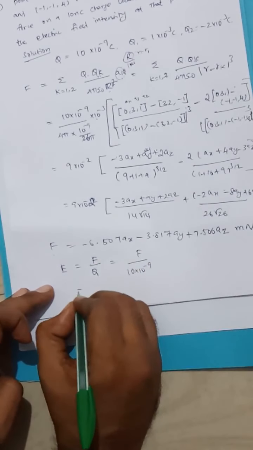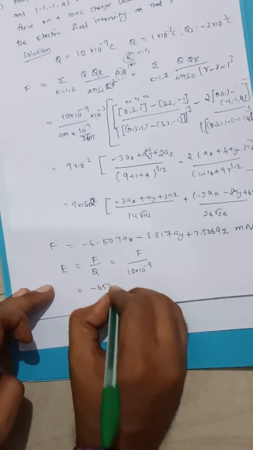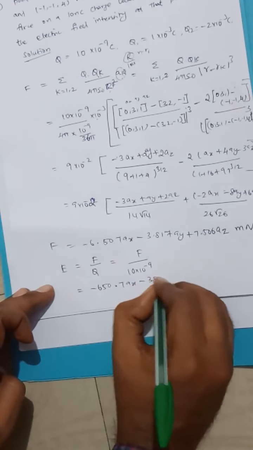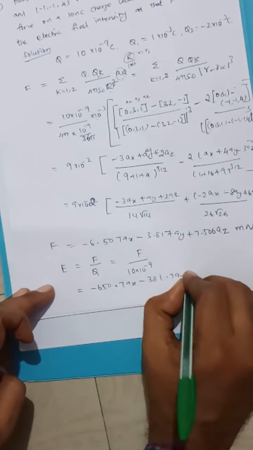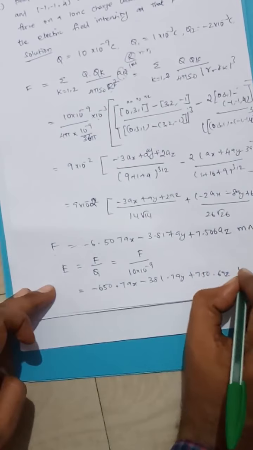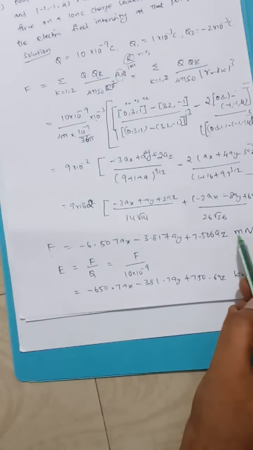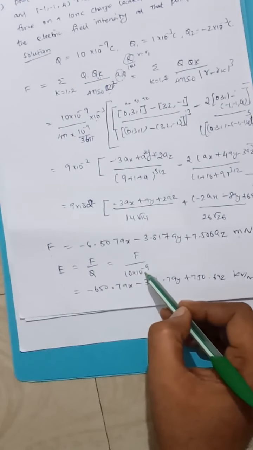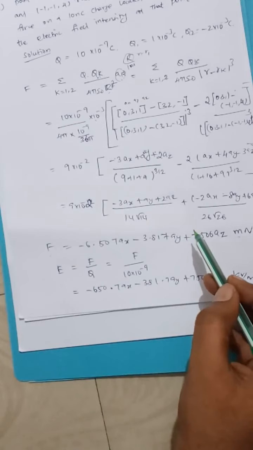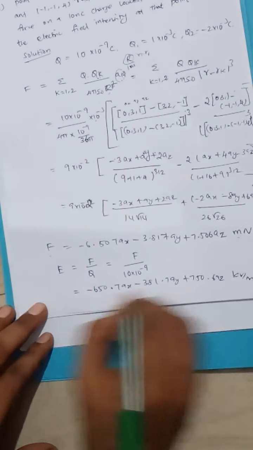Dividing by this value, I am getting minus 650.7 ax minus 381.7 ay plus 750.6 az, in kilovolt per meter. That means 10 power 3 is there already. Here 10 power minus 3 is there, and here 10 power minus 9 is there, so it will go to 10 power minus 6. Then after simplifying, in kilovolt per meter, we are getting this answer.